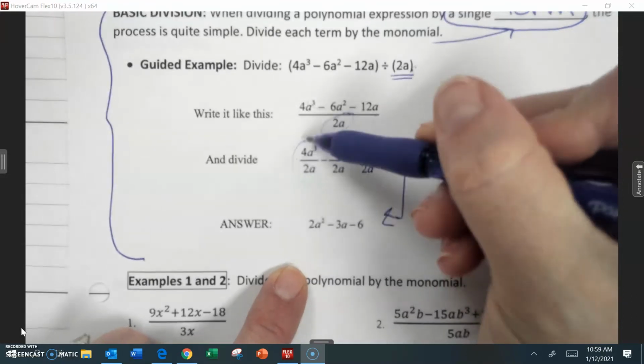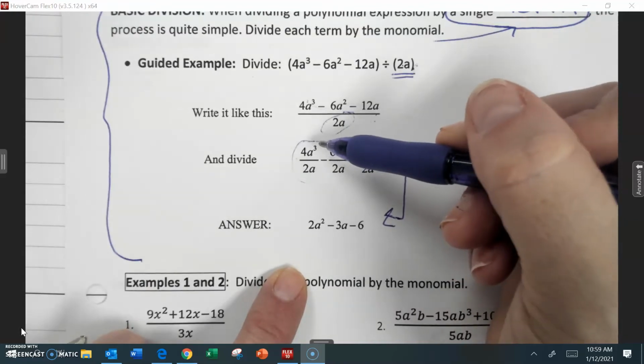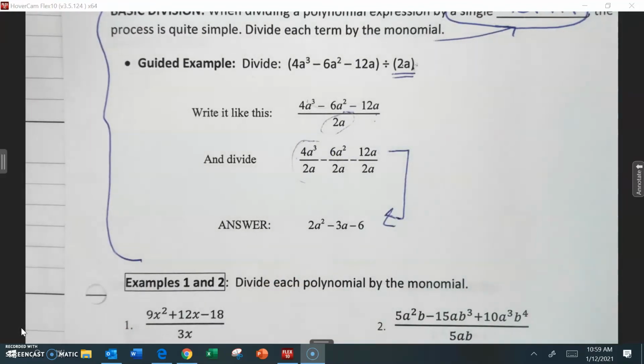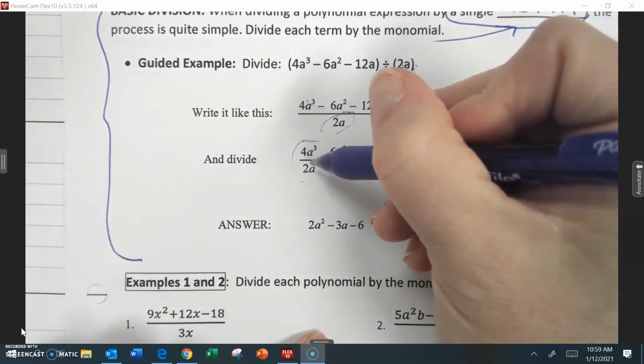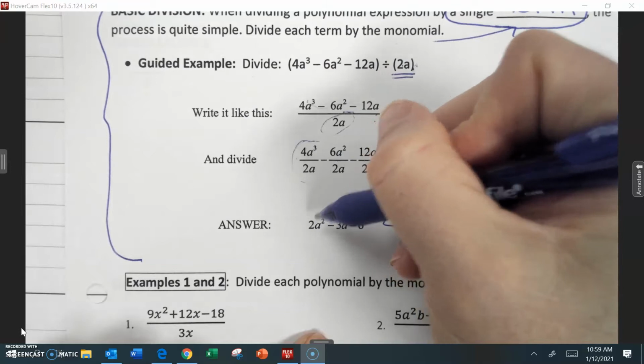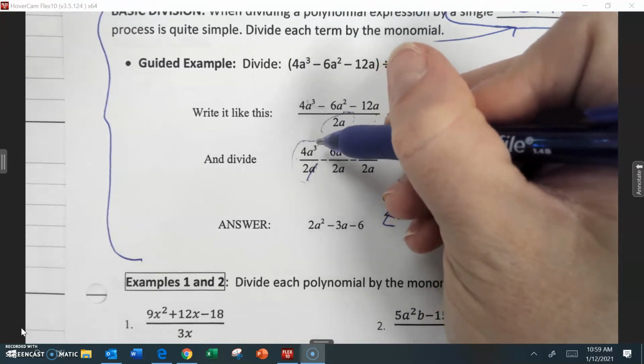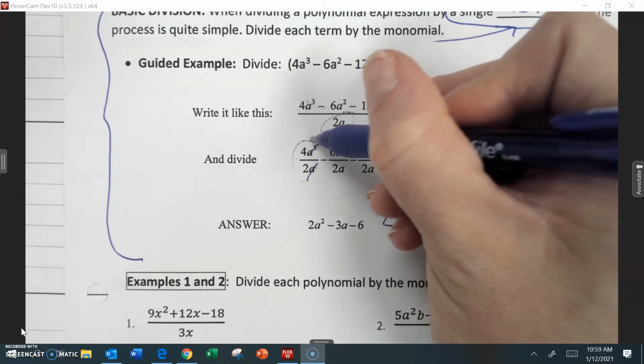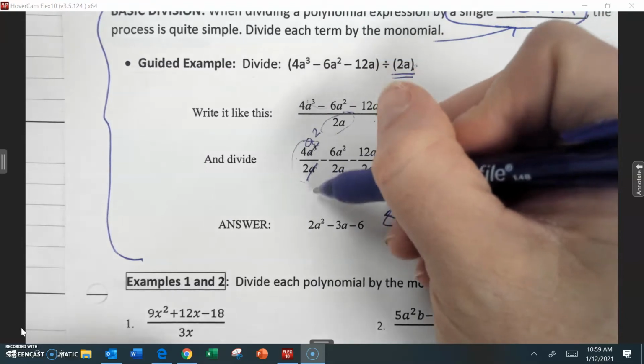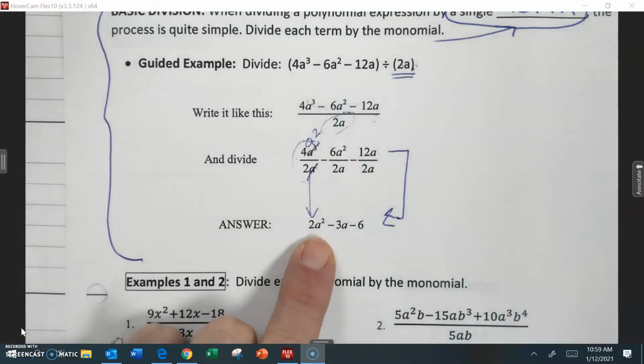What's 4 divided by 2? I know it says 4a to the third divided by 2a, but I take those monomials and think about coefficients and variables. So what's 4 divided by 2? 2, see where they got the 2? And then a to the third divided by a. Well, this a will cancel out with one of the a times a's, so we're left with a squared. So that's where they're getting 2a squared from that one.